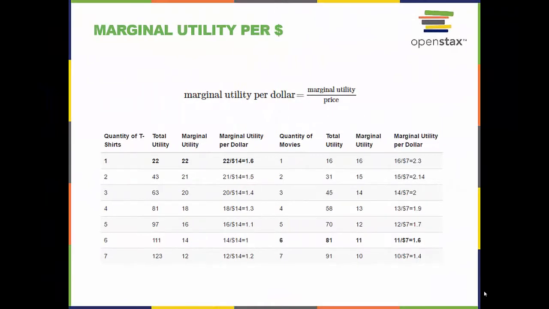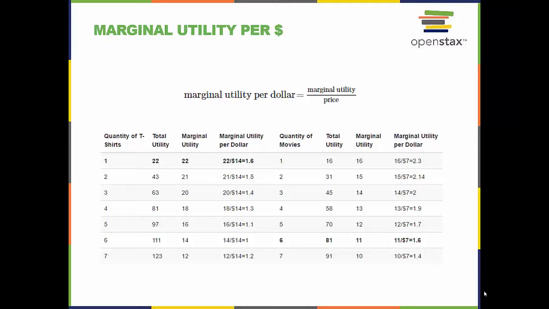Because the price per unit for t-shirts and movies are not equal, Jose finds it difficult to compare the two. That's why we must divide the marginal utilities by the price to allow us to compare the two. Again, Jose is looking at maximizing his utility based on his budget constraint.